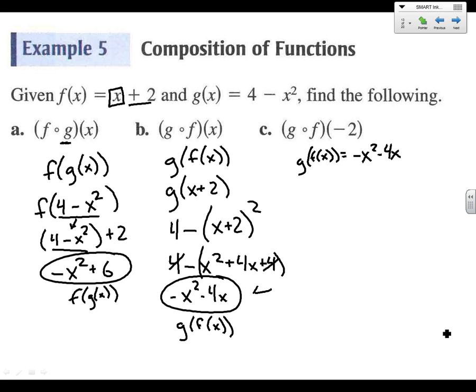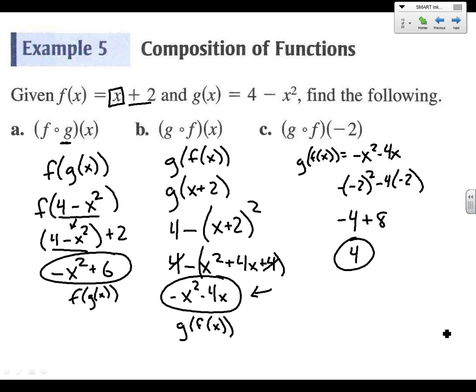From down here, we've already solved that part. So let's go ahead and plug in negative 2 wherever we see the x. Be careful with our negatives. Negative 2 squared is 4. We put a negative in front of it. Negative 4 times negative 2 is positive 8. We plug in negative 2, we get out 4.